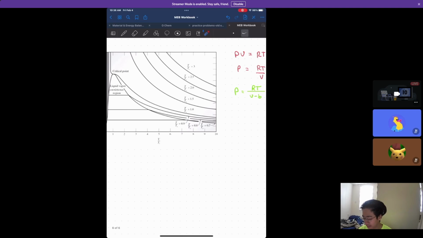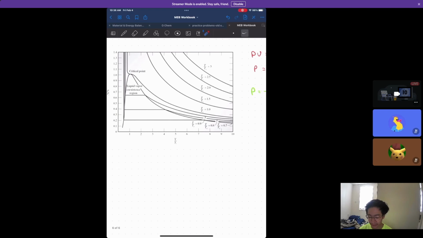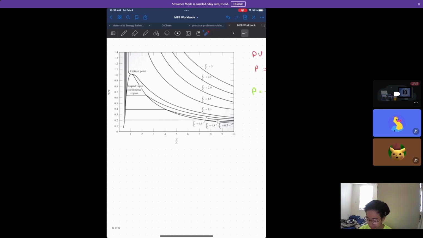Anyway, the way we can determine what a and b are is to look at the different isotherms of the PV diagram. The important thing to mention is that this line right here is the critical isotherm, the critical temperature, where the critical pressure would be. And what do you notice about this region right here, the critical point?